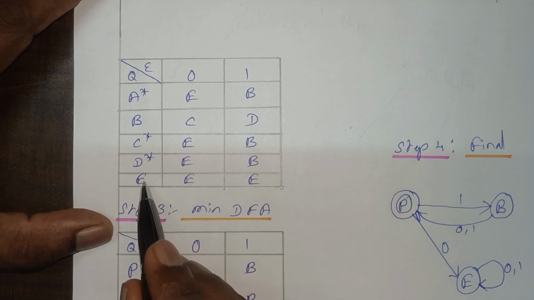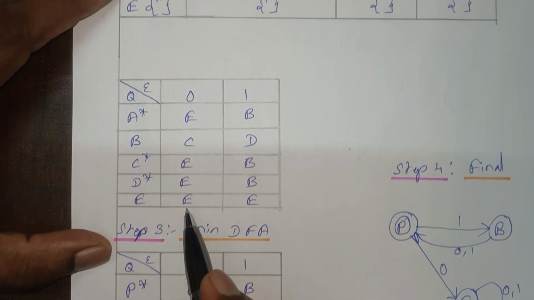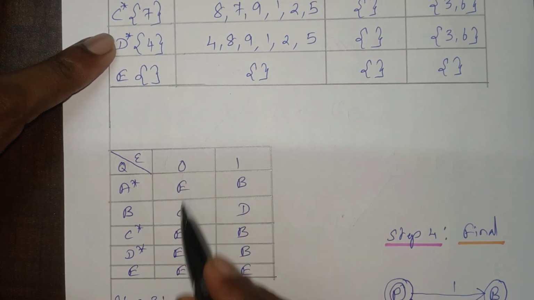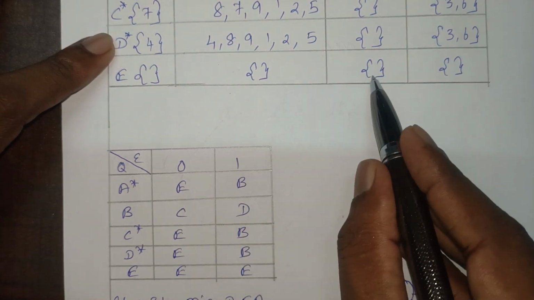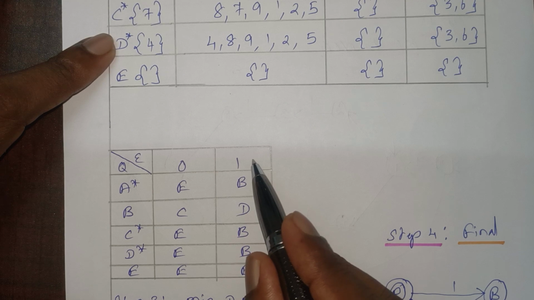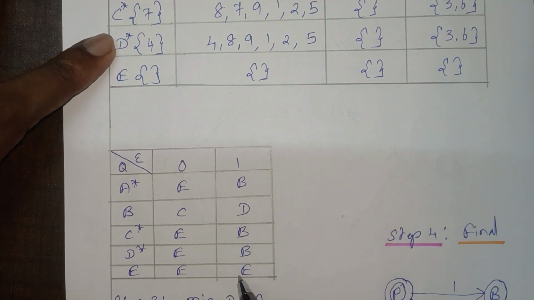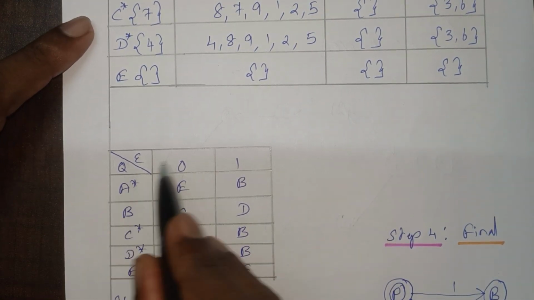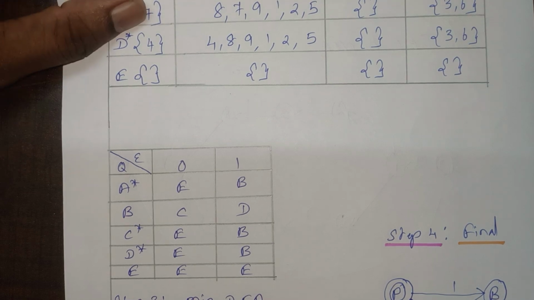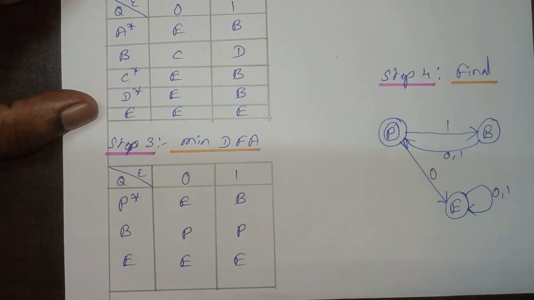E is the empty state. E takes 0 and reaches empty. You can check here, E takes 1 and reaches empty. So the name of the empty state is E. So I have mentioned it in this particular way. I hope you understood how exactly it has been done.